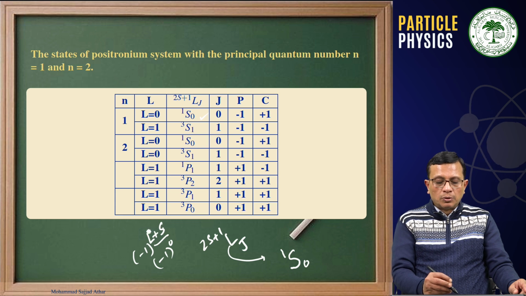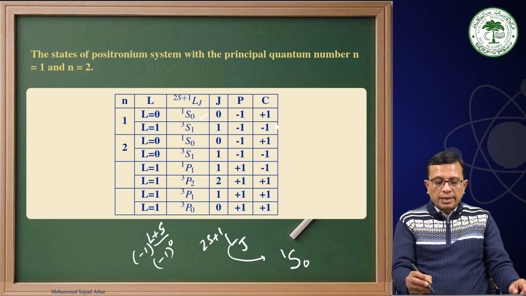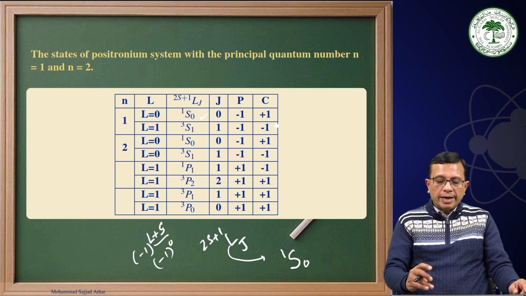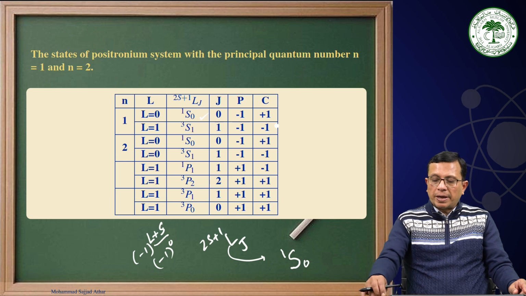This is giving you L equal to 1, and then it is odd. So this is how the different positronium states can be obtained, each having a definite spin, a definite parity, and a definite C parity.